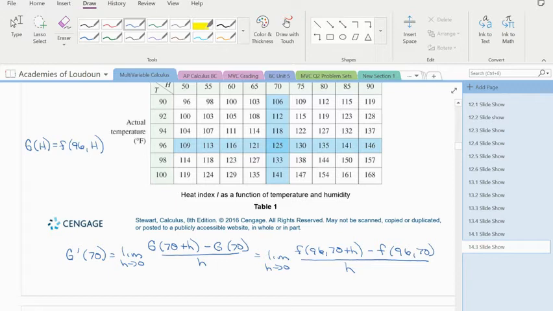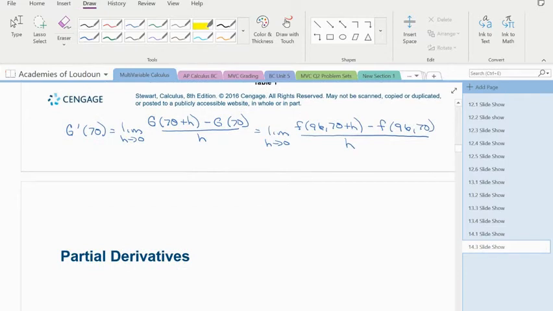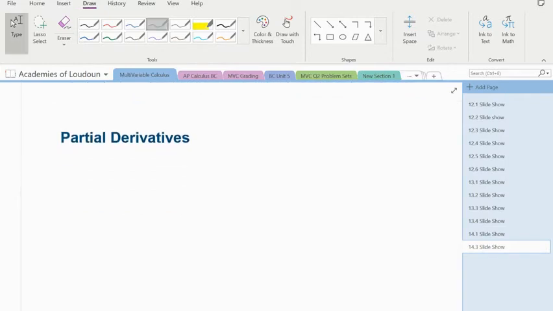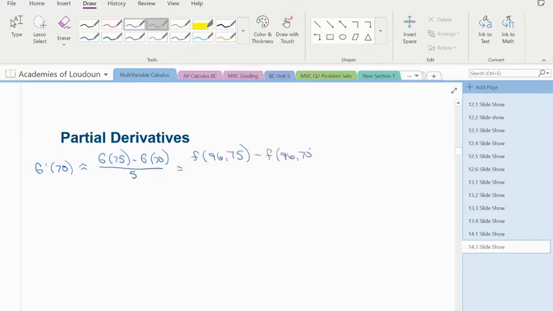So by taking h to be 5 and negative 5, we can approximate g prime of 70 using the tabular values. So again, we will have g prime of 70 is approximately equal to g of 75 minus g of 70 over 5, which is f of 96, 75 minus f of 96, 70 over 5.